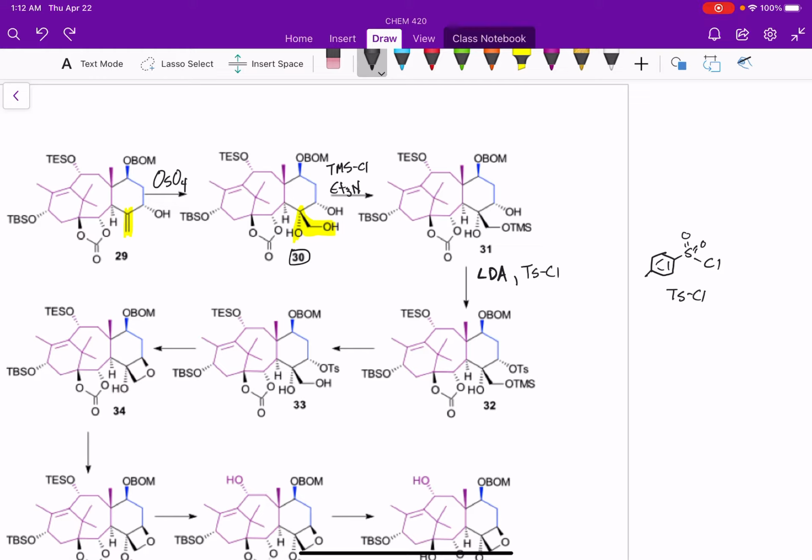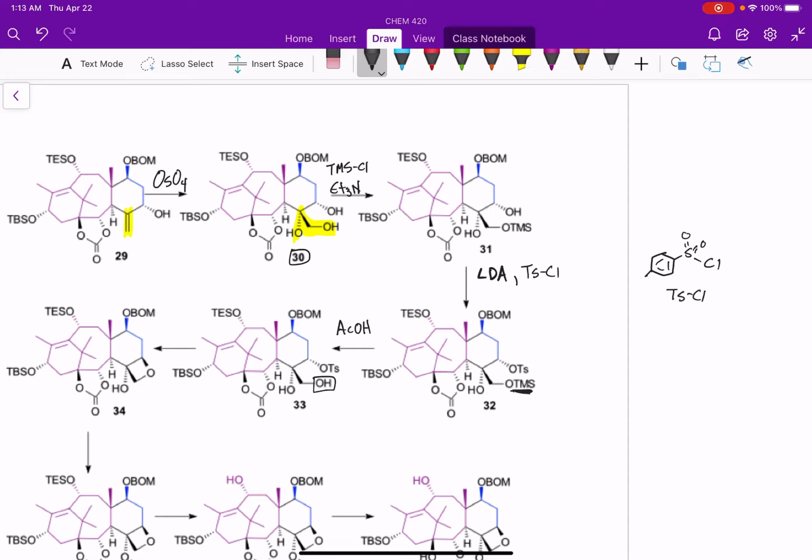Next, what we're trying to get is this primary alcohol to do an SN2 attack and kick out that tosyl group. So step one is really deprotecting that silyl group, right? We mentioned that that was going to be on only briefly. So a little bit of acid, acetic acid, can deprotect, remove that silyl group, giving you back your primary alcohol.